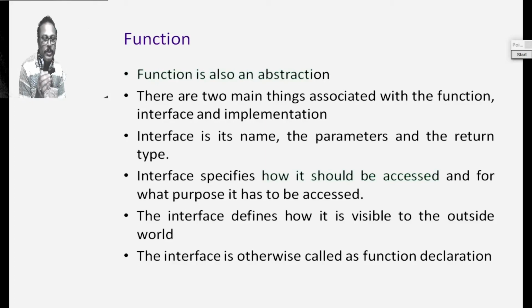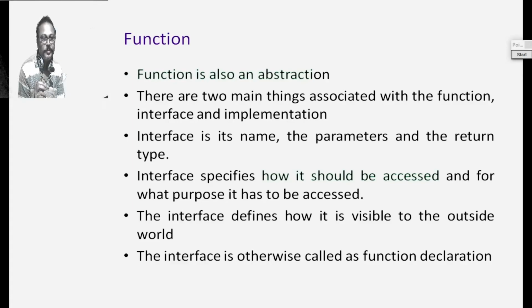Function declaration means the name of the function and then some parameters that you pass. Suppose in case of print, it is a string for passing some string to be printed. So function will have name and parameters. That is the interface. You should exactly know the name of the function and the parameters to be passed.